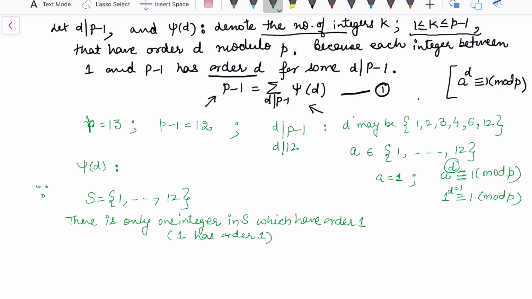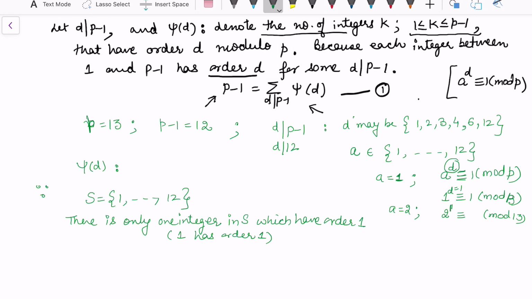Now look at the second case. If A is equal to 2, then let's start increasing the power. 2 to the power 1 is congruent to 2. We want it modulo 13, because in this case the prime was 13. So 2 to the power 2 would be congruent to 4, 2 to the power 3 is 8 modulo 13, and keep on moving like this.